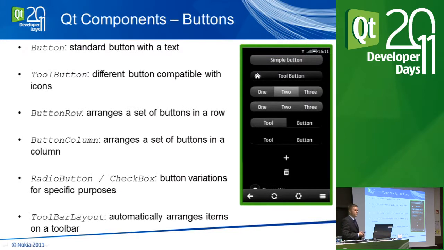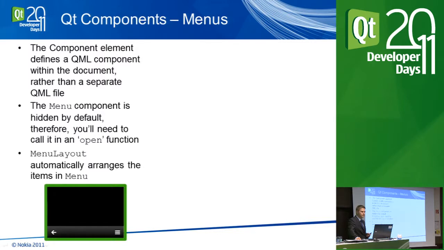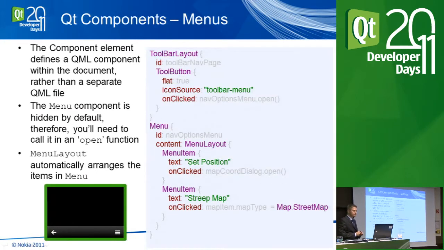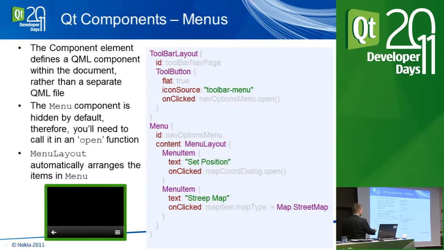Okay, then we have a collection of buttons, the usual button, tool button, things like that. We have menus. Once again, something that we can easily define from our QML UI. Like this.